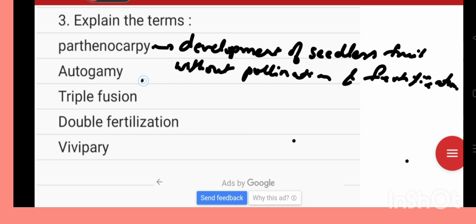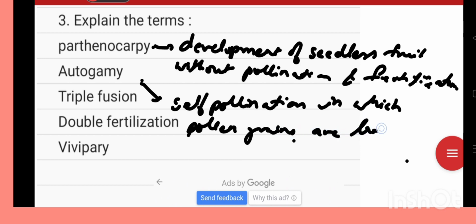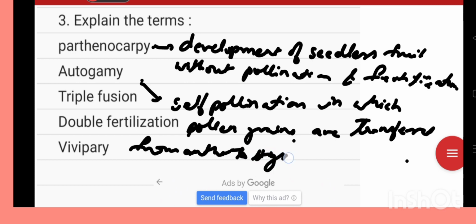Autogamy is a type of self-pollination in which pollen grains are transferred from anther to stigma of the same flower.